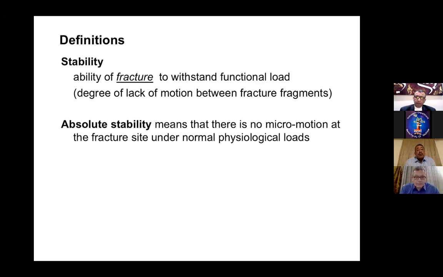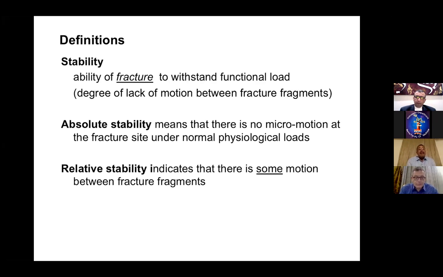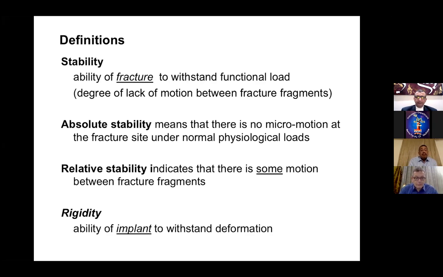The absolute stability means there is no micromotion at the fracture site under normal physiological loads. And the relative stability indicates that there is some motion between fracture fragments. What about rigidity? It is another term. It is the ability of the implant to withstand deformation.